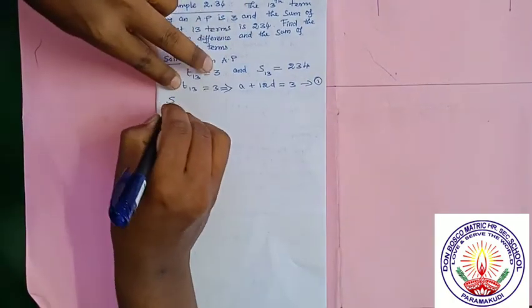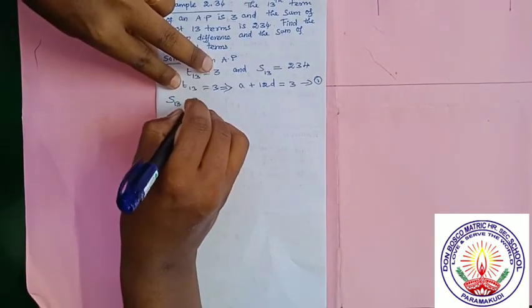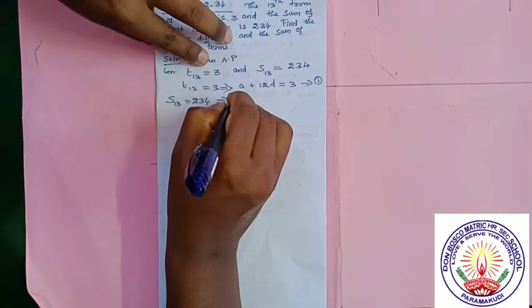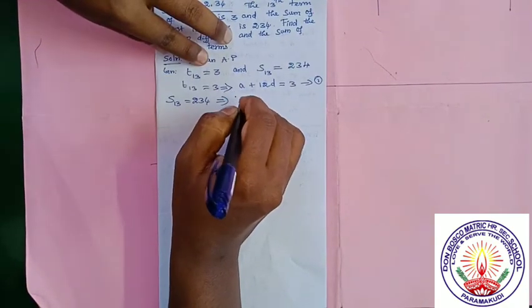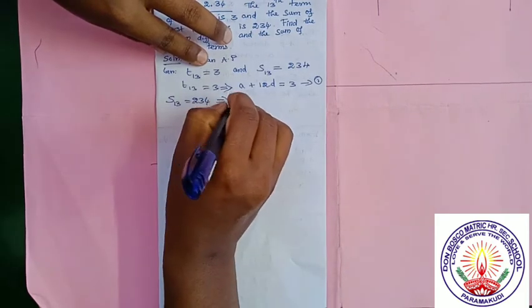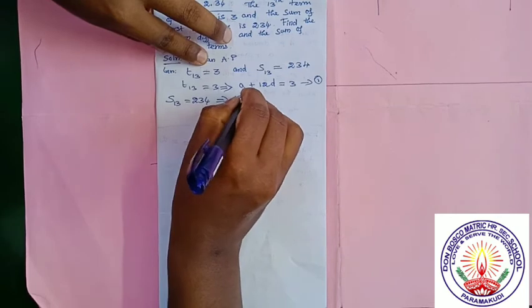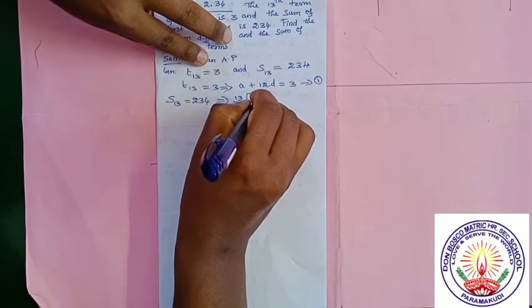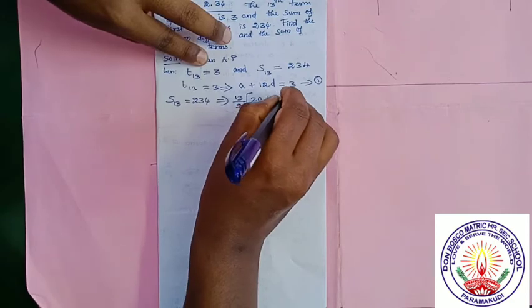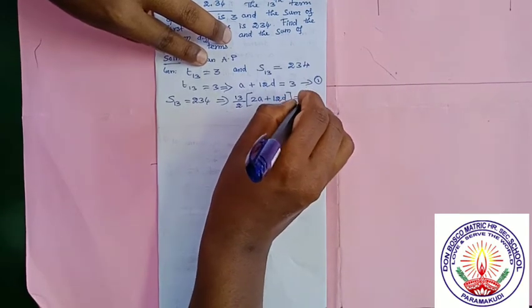Now S13 is equal to 234 is given. So what is S13? n by 2 into 2A plus n minus 1 into D is the formula. Here n is equal to 13. So 13 by 2 into 2A plus 12D is equal to 234.